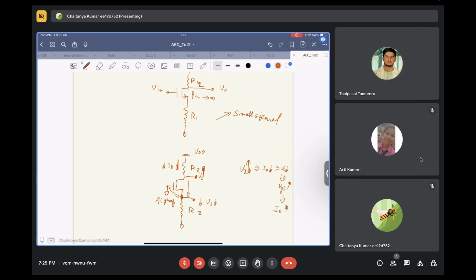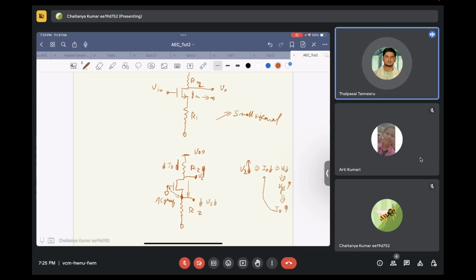So what is this circuit trying to do? It is trying to revert back this reduction of ID. Do you understand? So what happened? There was some effect, let's say due to noise or any external deviation.